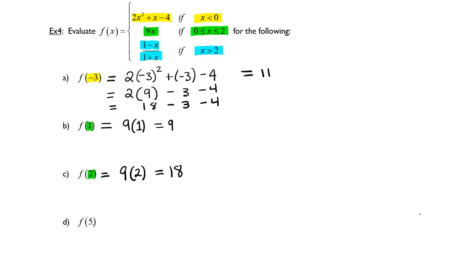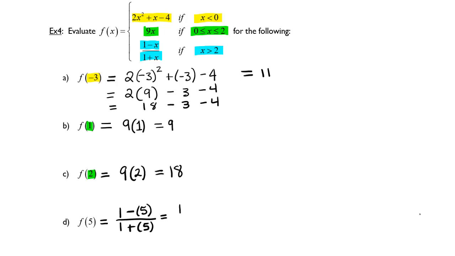Lastly, I have f of 5. 5 is my input, so looking at my intervals, 5 is greater than 2, so I will be using the third rule here, 1 minus x over 1 plus x. But remember, wherever there is an x, I substitute my input value.